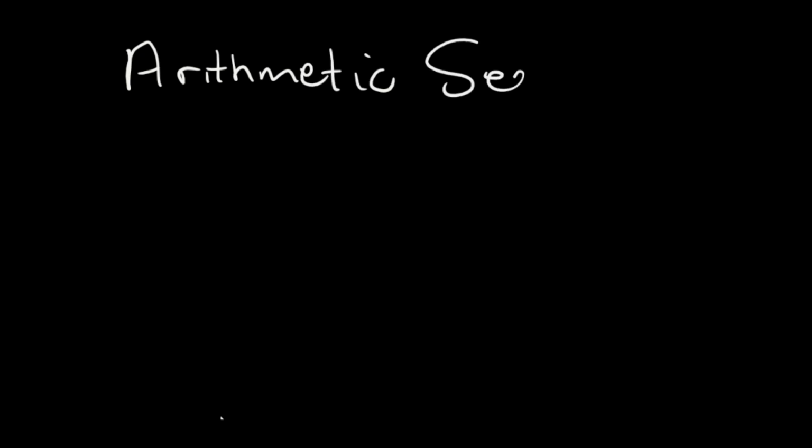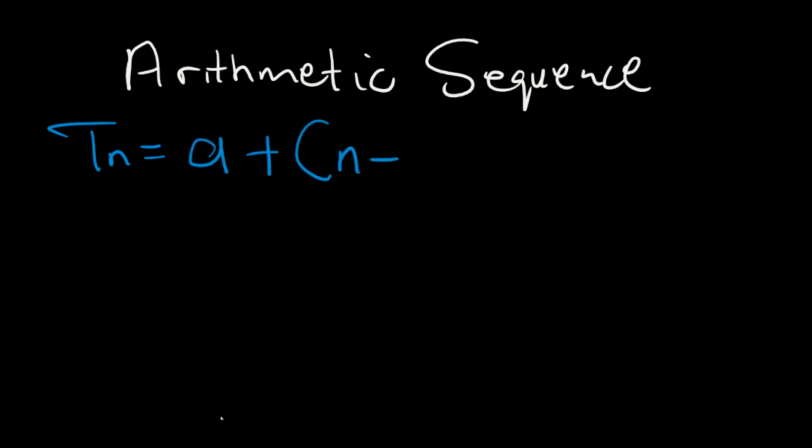Okay, so now we're going to look at the arithmetic sequence, right? The arithmetic sequence has a general term of Tn is equals to a plus (n minus 1) d, right?